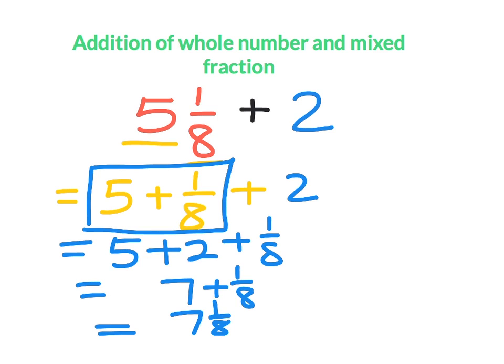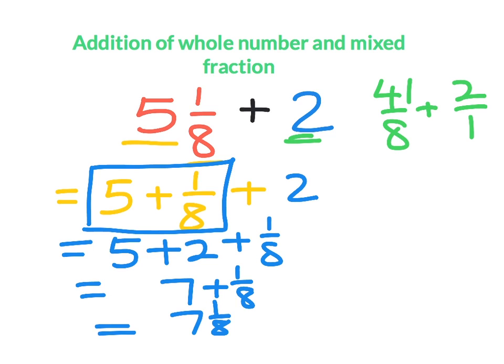So 5 1/8 can be written as 41/8 plus 2/1. Recall that 2 is an integer, and in a fraction form it means 2/1, and 2/1 is equal to 2.